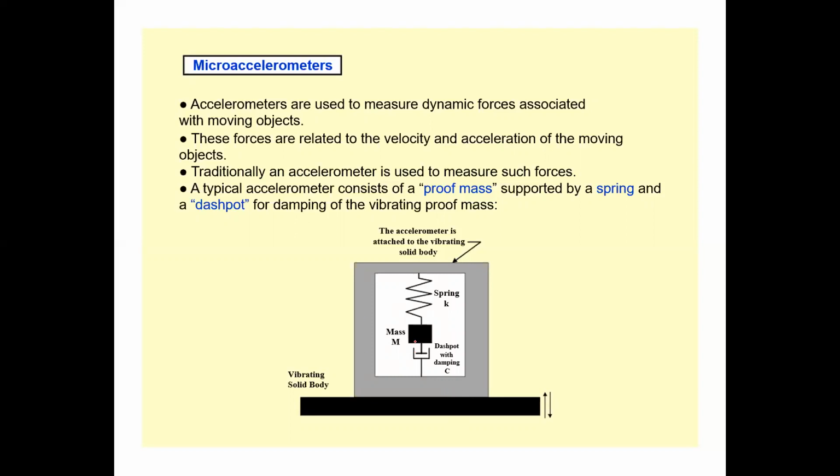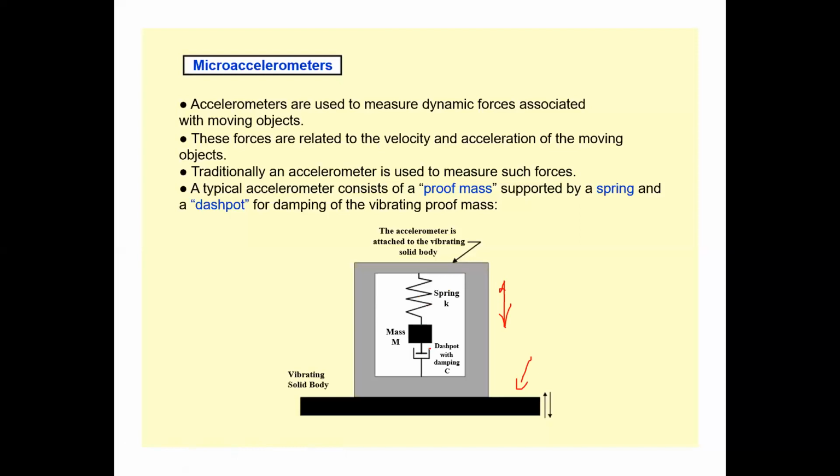This accelerometer has a mass, a spring, and obviously some damping or heat-dissipating elements. Since this surface is moving, the mass will move in this direction. When this mass moves, the spring will be compressed, and when it goes down, the spring will stretch. So this is how the mass keeps moving in this direction.